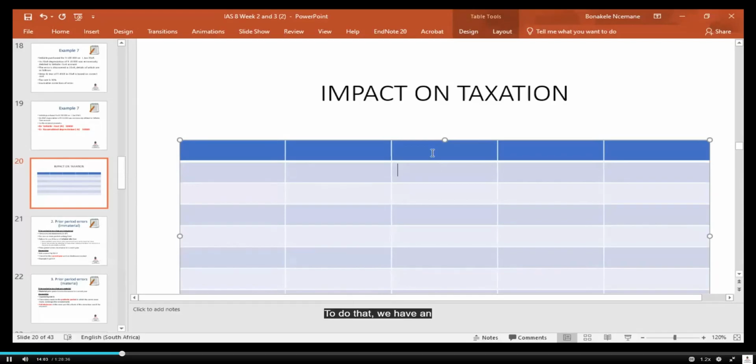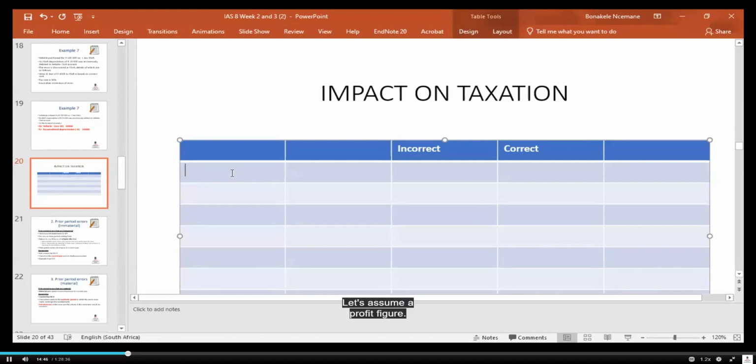To do that proof, we have an incorrect and a correct scenario. Because suppose both accounting and tax had been incorrectly treated, this would have affected how we reverse and show the accounting for this journal. But now we want to first show you a proof of the current tax calculation, why it's not affected if it's been taken into account correctly.